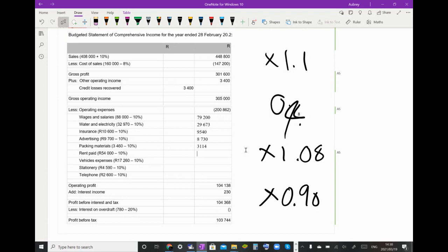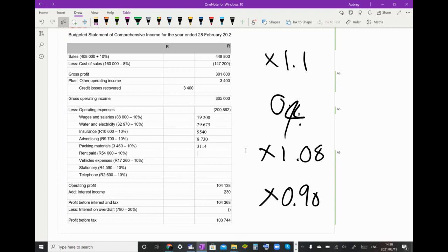Then the next one, vehicle expenses, 0.9 times 17,260. Did I skip something? Oh, yeah, rent paid.